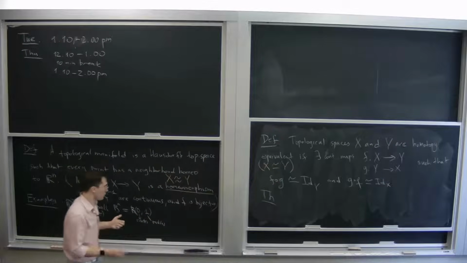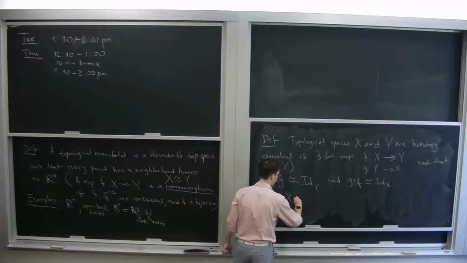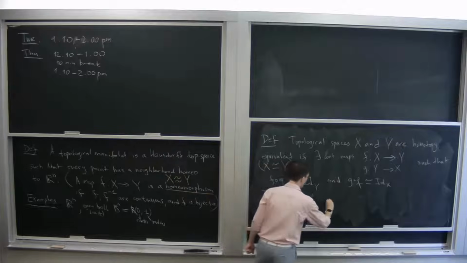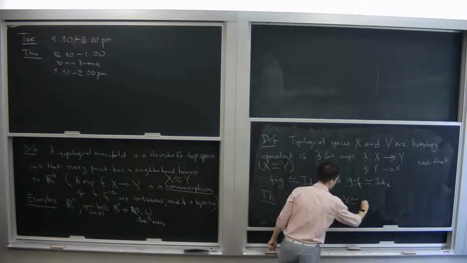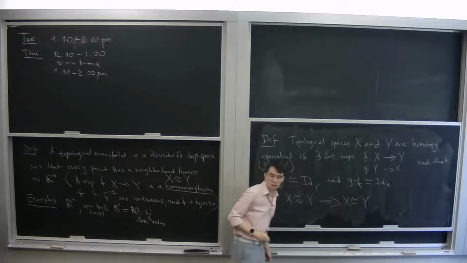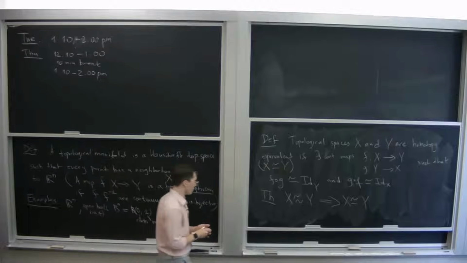Great. Then certainly if X is homeomorphic to Y, it implies that X is homotopy equivalent to Y. But the converse is not true, definitely.